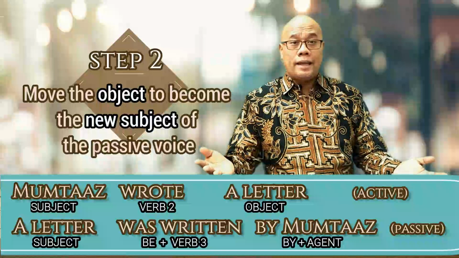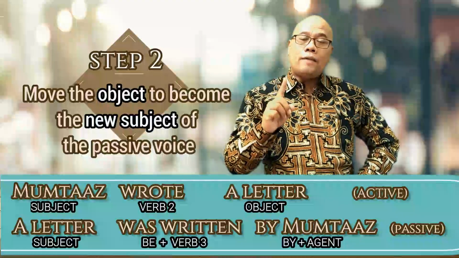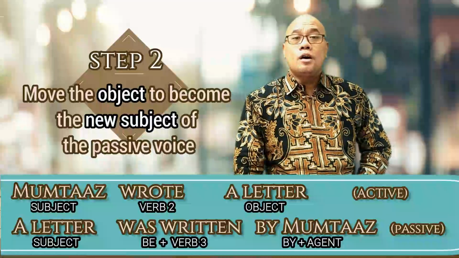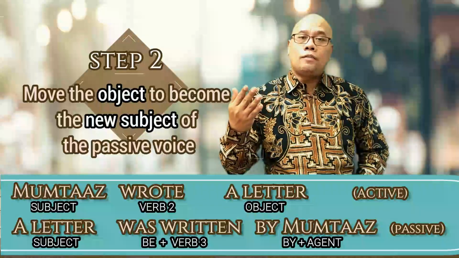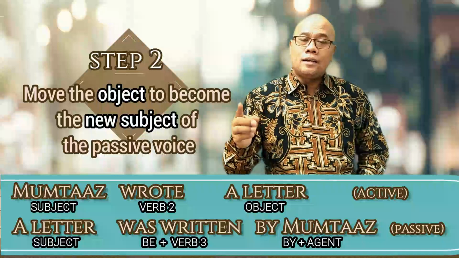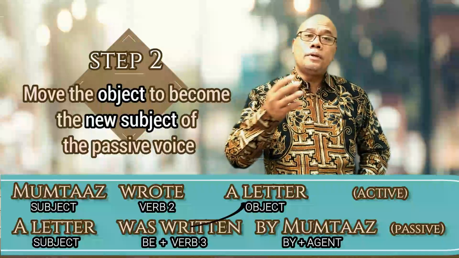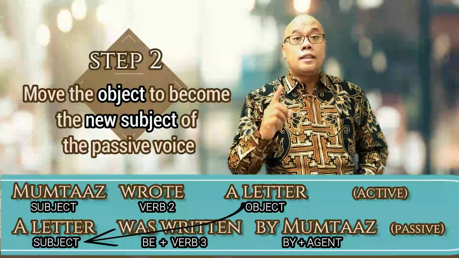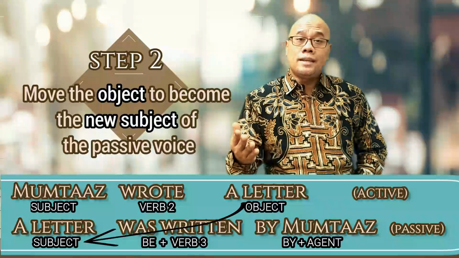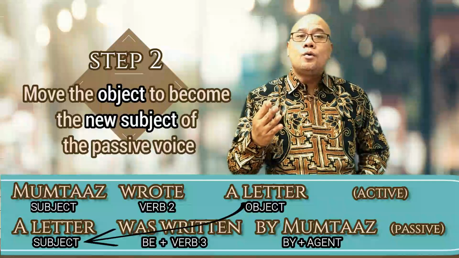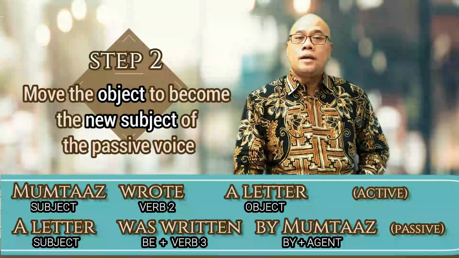Let's check the example again. We have the sentence Mumtaz wrote a letter, and we know the object of the sentence is a letter. So we move a letter here to be the subject of the passive voice. So the sentence in passive voice will say, a letter was written by Mumtaz.